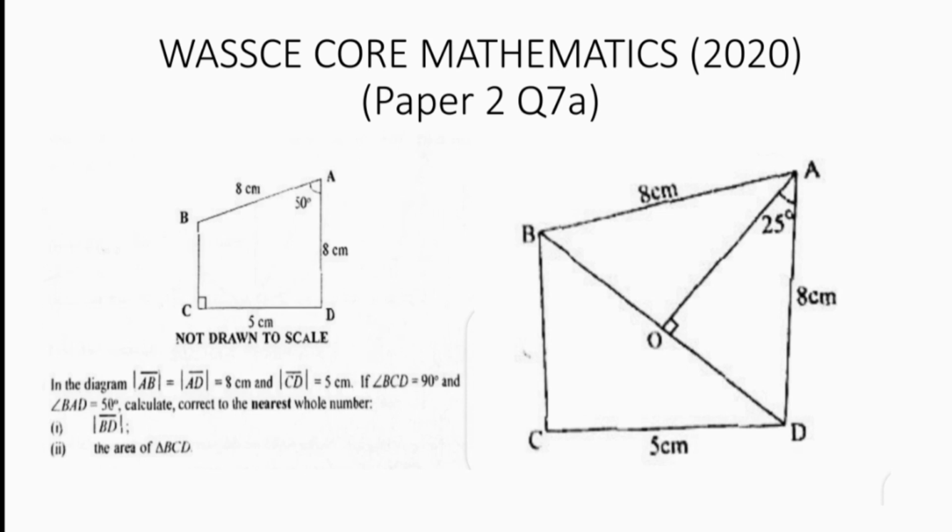Line OA will also divide the angle BAD into two equal parts, of which angle BAO and angle OAD will all be equal to 25 degrees.